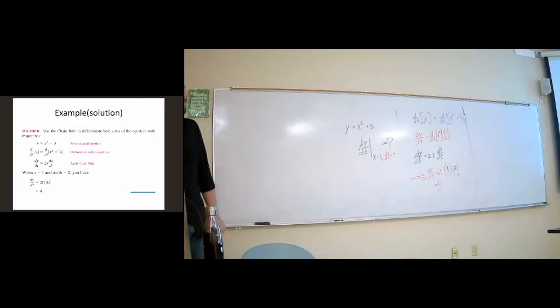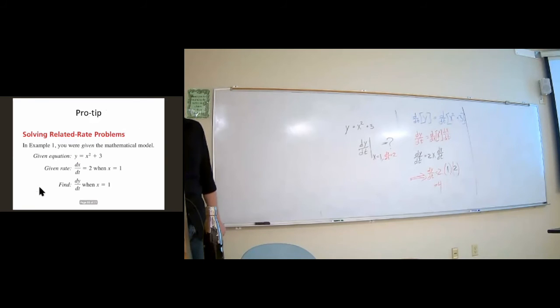We're told that. So we can plug in 2 and we can plug in 1 to solve for dy/dt. So given that we know y and that we know dx/dt when x is equal to 1, we can find dy/dt based on the chain rule.